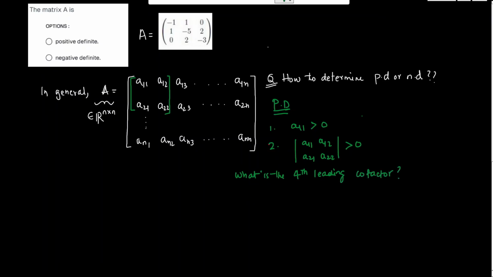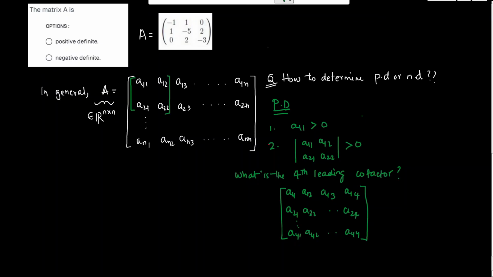The fourth leading cofactor would be A11, A12, A13, A14, and then A21, A22 up to A24, and so on up to A41, A42 up to A44. So this is the fourth leading cofactor.